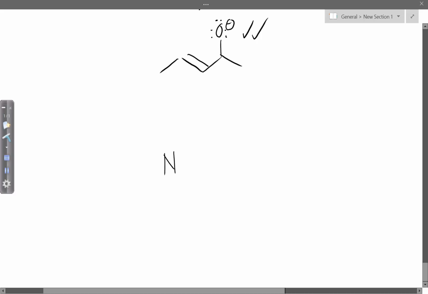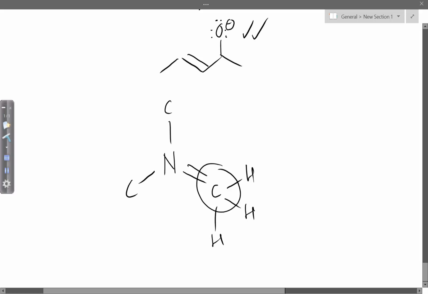See, it's not forming a double bond with H. There's a carbon there, remember? It's carbon, carbon, carbon. And this carbon already has 3 hydrogens. So is it possible for this lone pair to come back down to form a double bond here? No, because you have exceeded the octet rule for this carbon. Right?